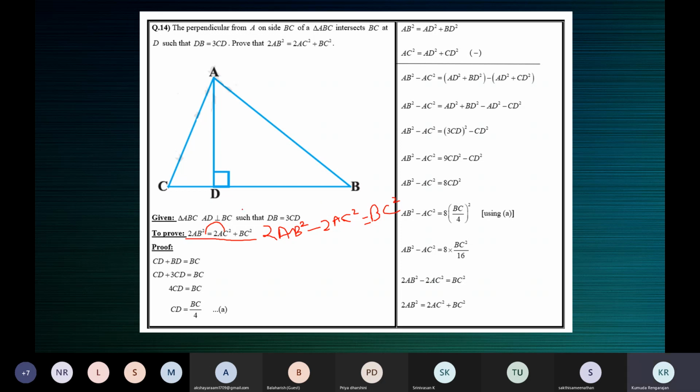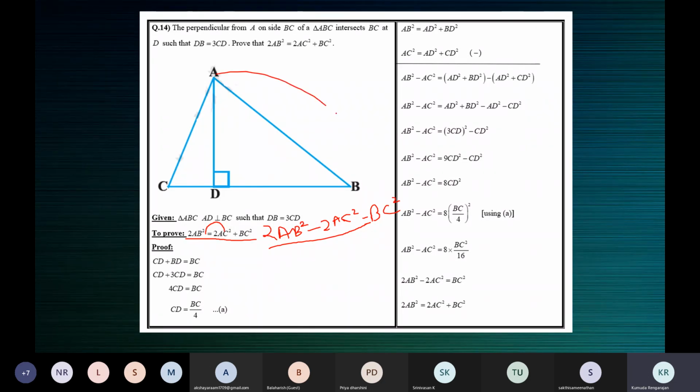We need to prove this result. When you transpose 2AC square, you get 2AB square minus 2AC square is equal to BC square. So what we'll do is find AB square, find AC square, and subtract the two results. Why AB square and AC square?